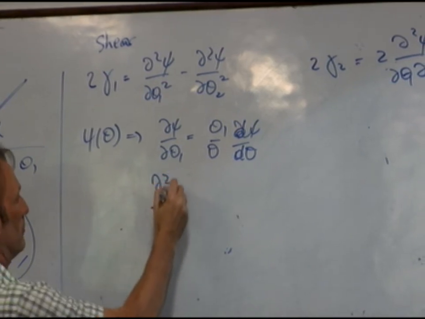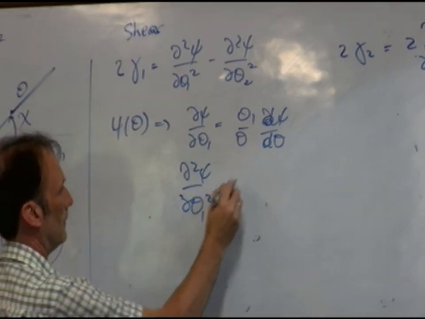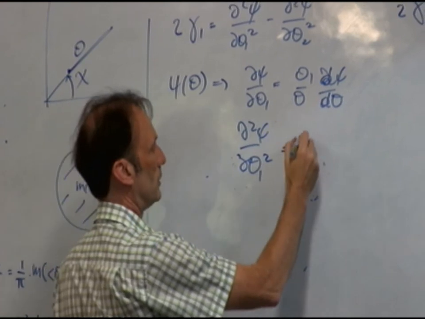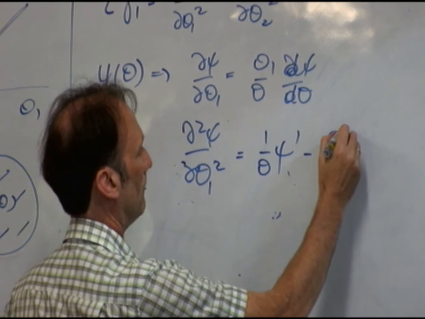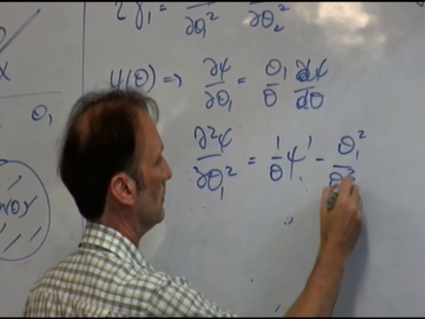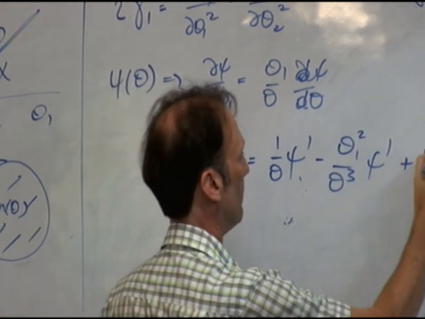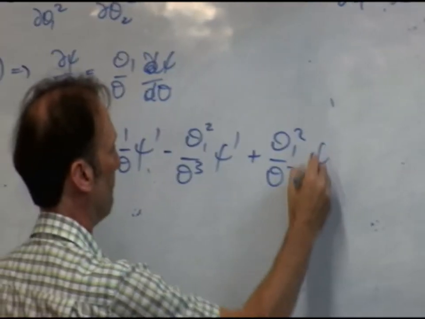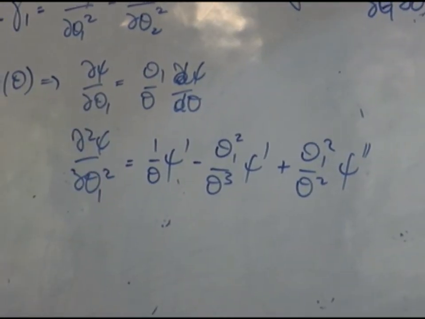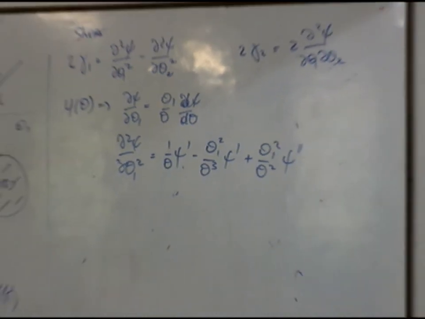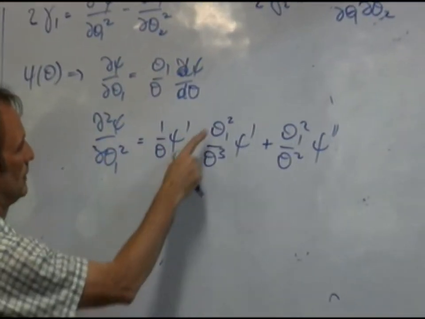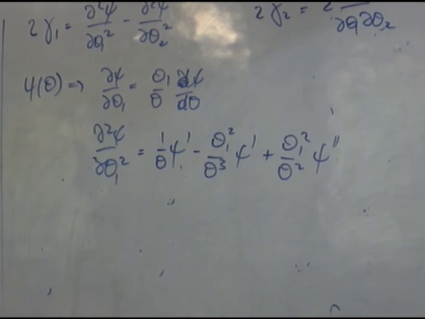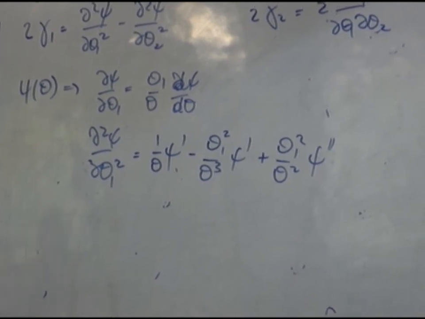So for the second derivative, now you have to differentiate all of these three terms separately. And you end up with this. So this is the derivative when you hit theta 1, this is the derivative when you hit 1 over theta, and this is the derivative when you hit d psi by d theta. I'm not going to spend too much time going through these derivations.